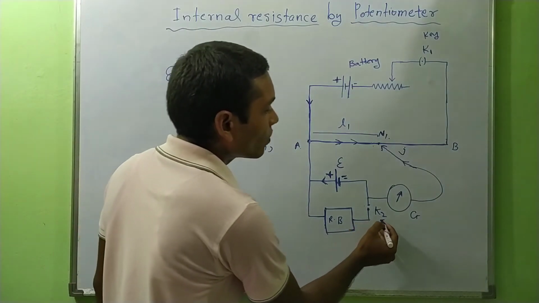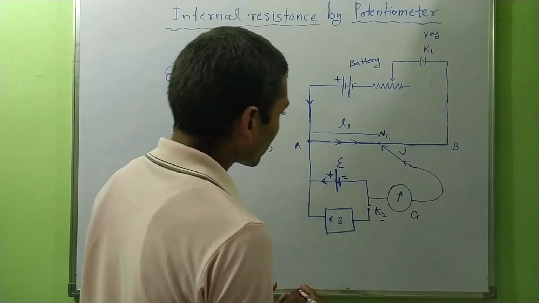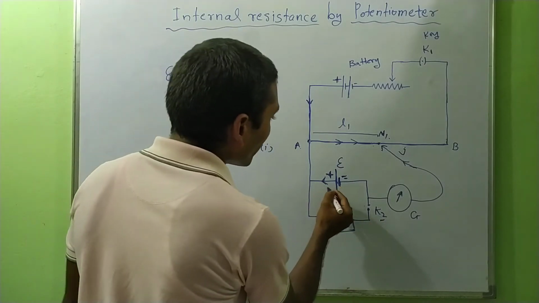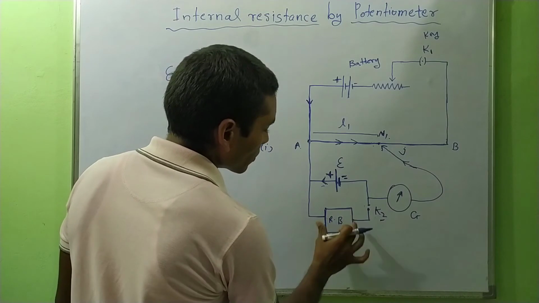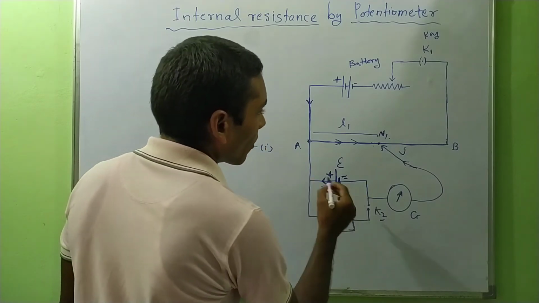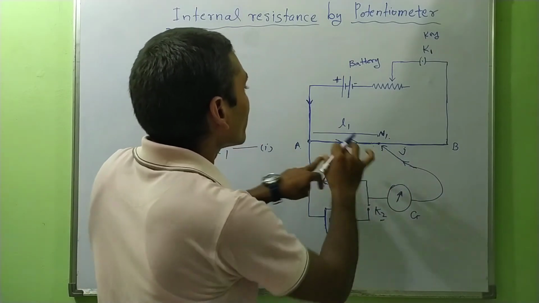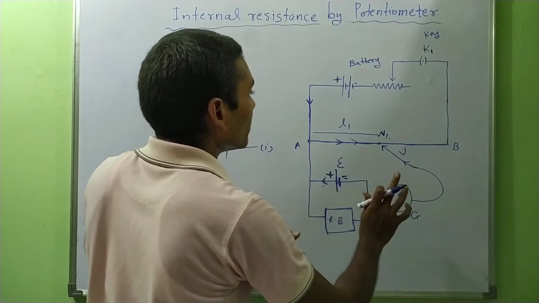Now when the K2 key is also closed, current will flow through this resistance box. Again we have to find the balancing point on the wire AB.